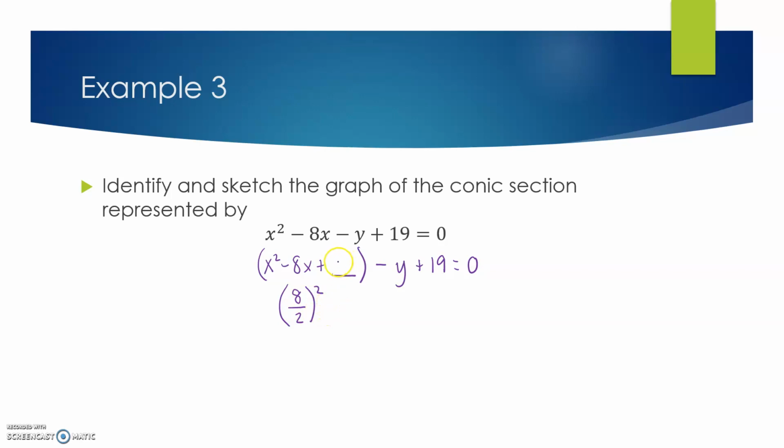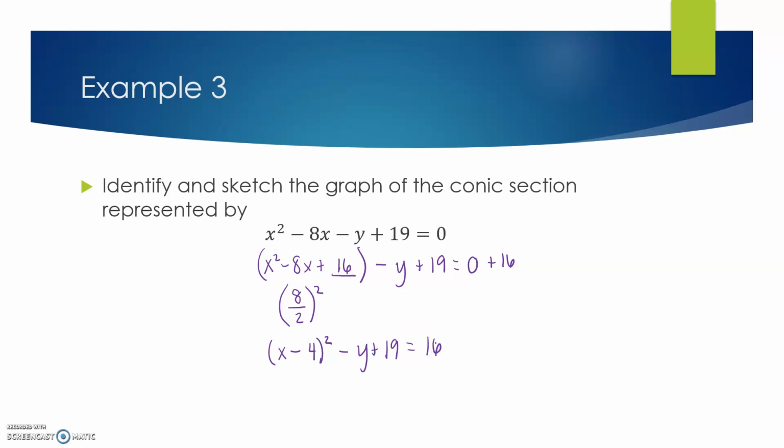That would give us 4 squared, which is 16. So I need to add 16 to both sides. This is going to give us x minus 4 quantity squared minus y plus 19 equals 16.